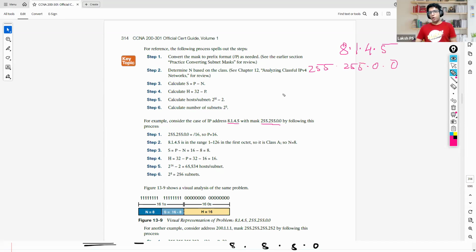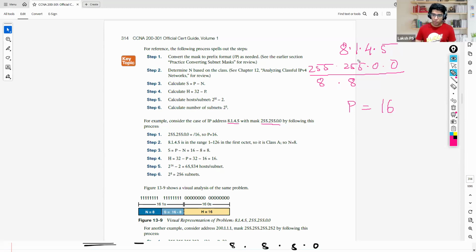The total number of ones, or the total number of P bits, or the prefix length, is based on the address mask. Here it will have 8 ones, plus here also 8 ones. So the number of P bits, the total number of ones in the address mask, is 16.